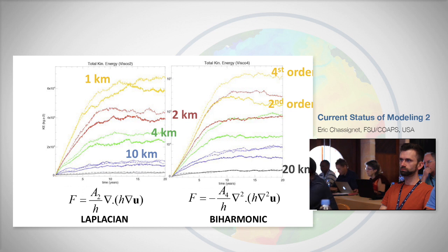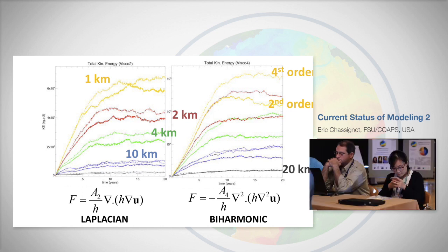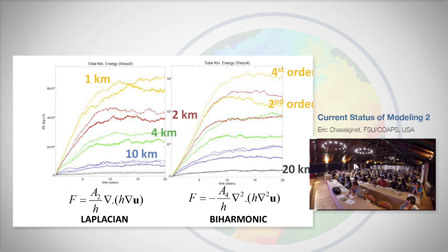The other thing is, the thick line is a 2nd order advection scheme. The 4th order, in this case, is using the QUICK scheme. As you increase resolution, at 20 kilometers, you don't see much of a difference between 2nd and 4th order. You start to see some, but barely, at 10 kilometers, and a little bit more as you keep increasing the resolution.